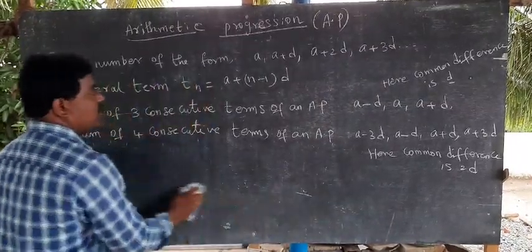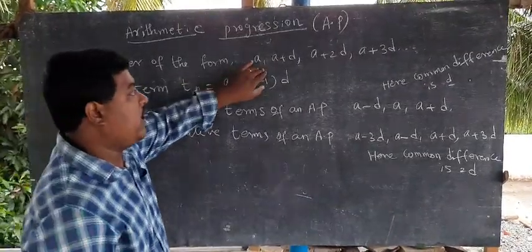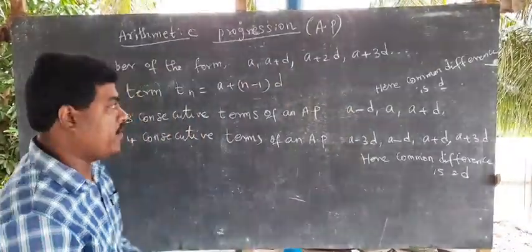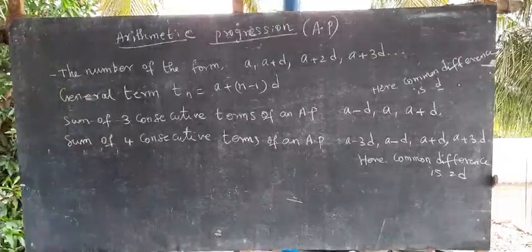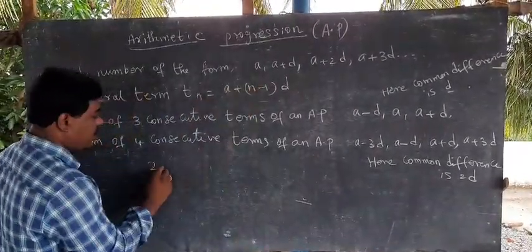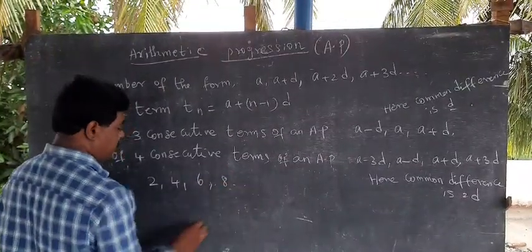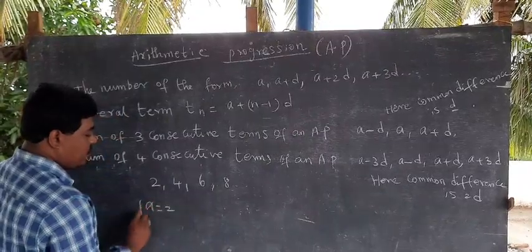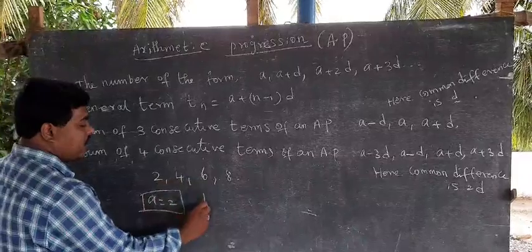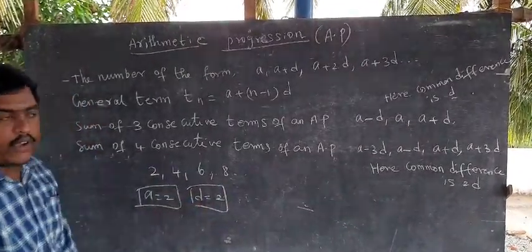Right. The same thing: the numbers are of the form A, A plus D, A plus 2D, A plus 3D. That is called the general form. How is it possible? For 2, 4, 6, 8 and so on, the first term 2 is A. The difference is 4 minus 2, which is 2.